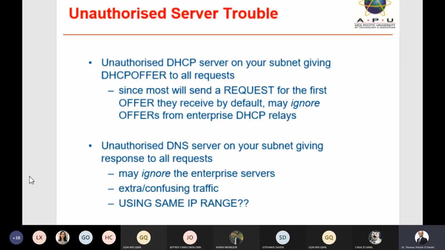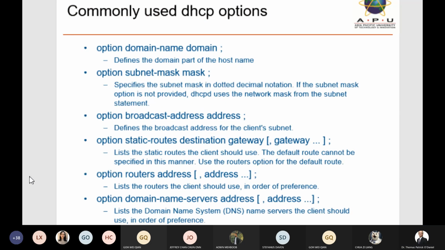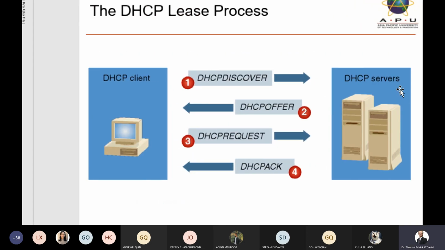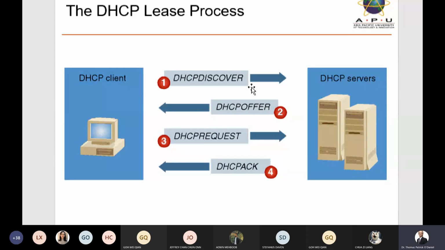But in principle and in theory, and to understand why we need to do that, it goes back to the DHCP discover message. All right, DHCP discover, if I get two DHCP offers back from different DHCP servers, what do I do? I have to choose somehow which one I'm going to request.